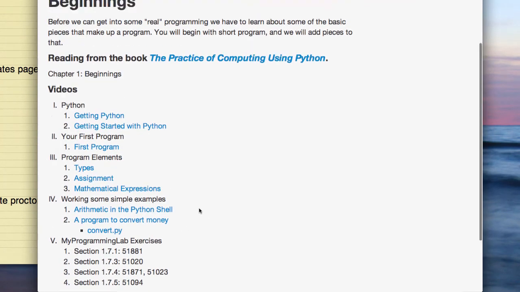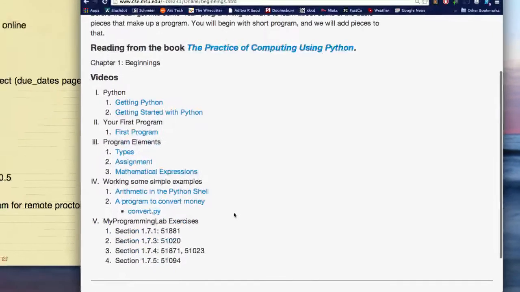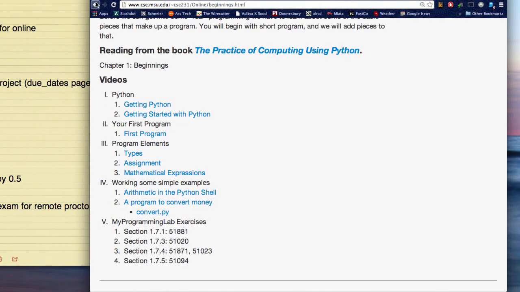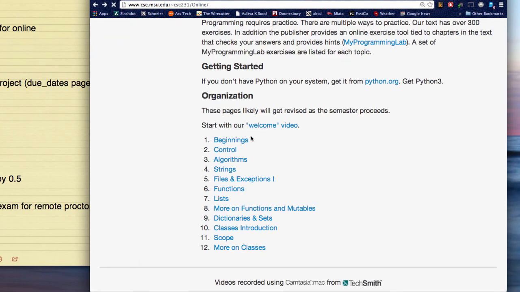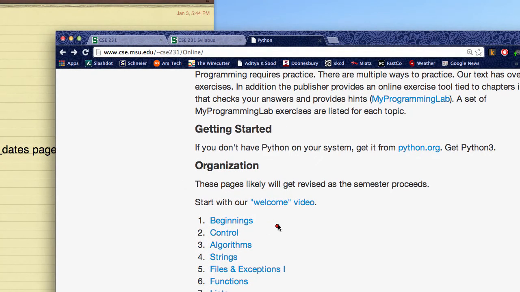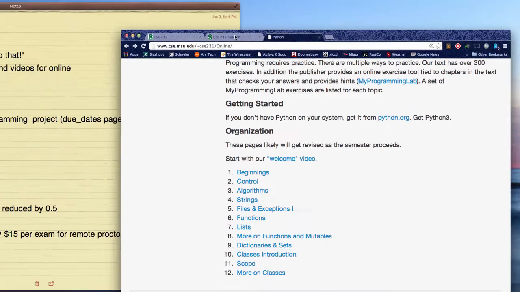So I'll be talking more about that, or we'll be sending you some more information about that. And you'll march through this week by week. Each one of these will have our beginnings and our control and so on. That takes us through the semester.